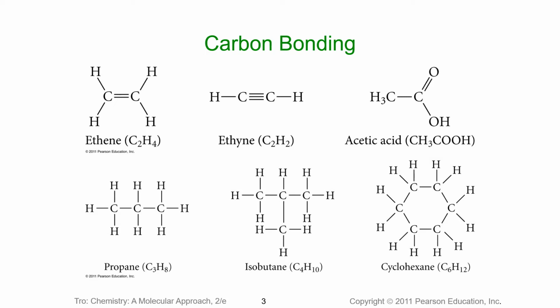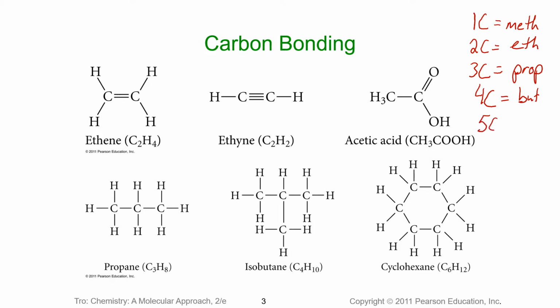So when we're talking about carbon naming, if there is 1 carbon, the prefix is meth. If there are 2 carbons, the prefix is eth. 3 carbons is prop. 4 carbons is but. 5 carbons is pent.